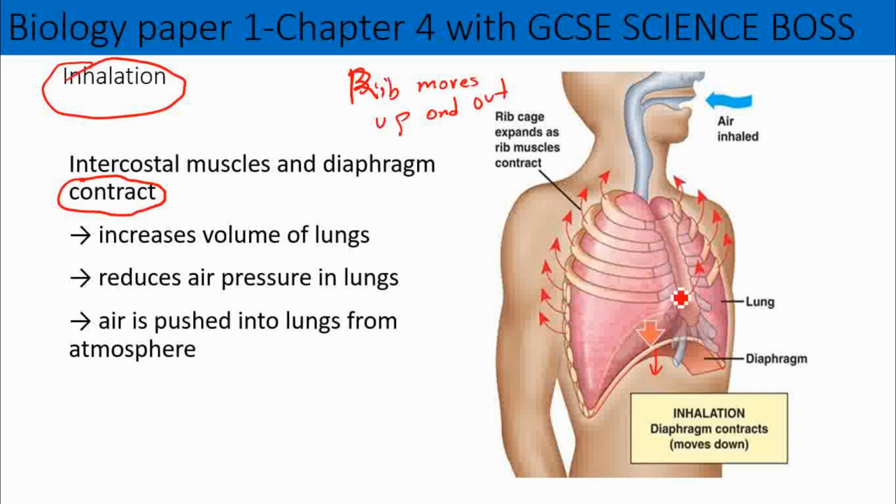Now what that does is that the volume inside your lungs gets bigger, okay? And what happens when volume gets bigger in terms of pressure? The pressure decreases, and because there's a decrease in pressure in relation to outside, which would have a higher pressure, air comes rushing in.